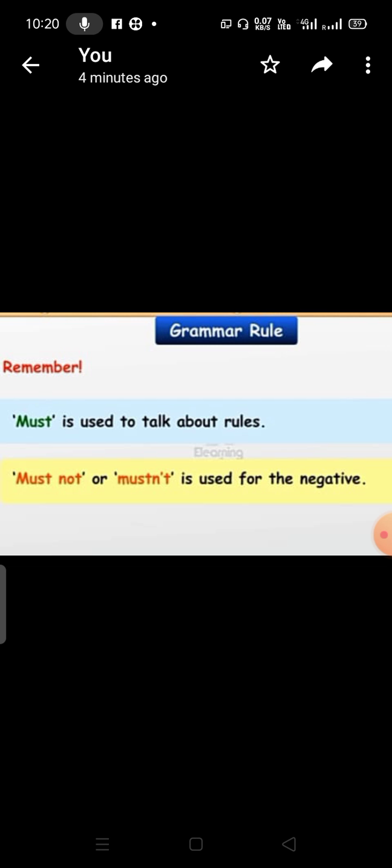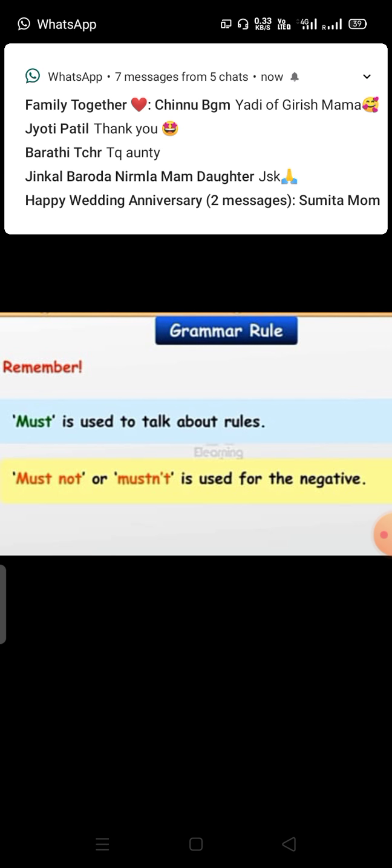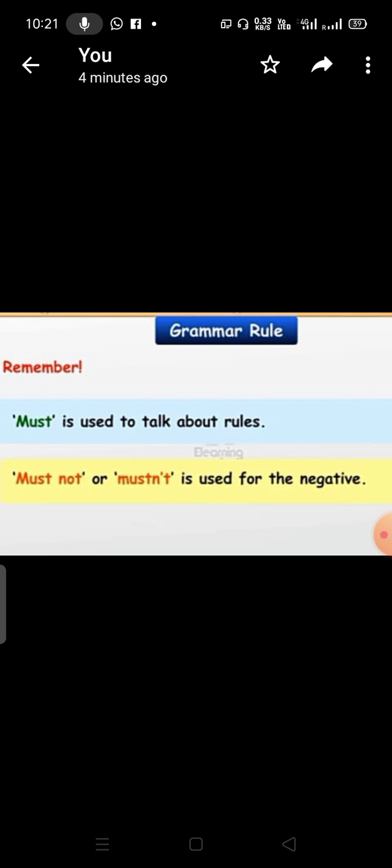We can use a or an before them. Now, uncountable nouns do not have plural forms. We cannot use a or an before them. Okay, now it is about our second chapter, and second chapter writing is flow chart of story writing.